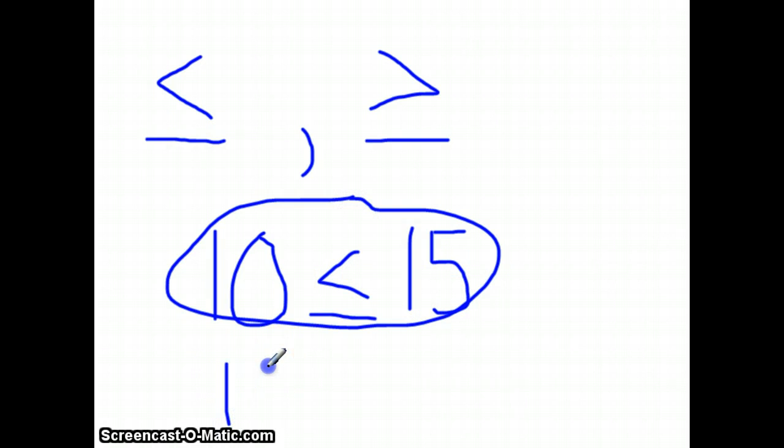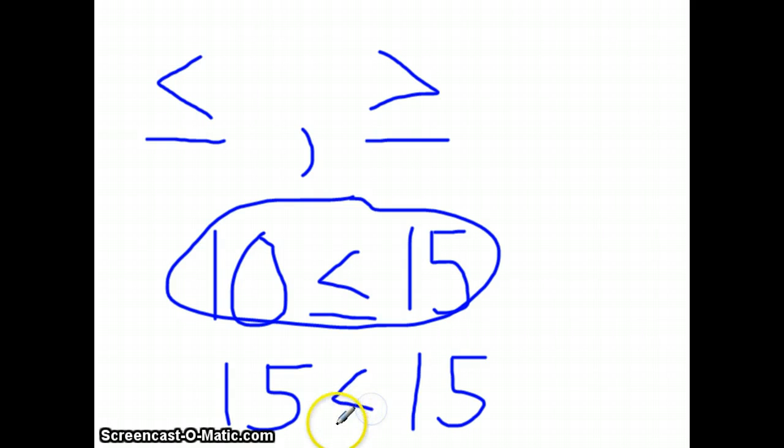This statement would also be true if we had 15 and 15 and use the same symbol, because we're saying that this number is less than or equal to 15.